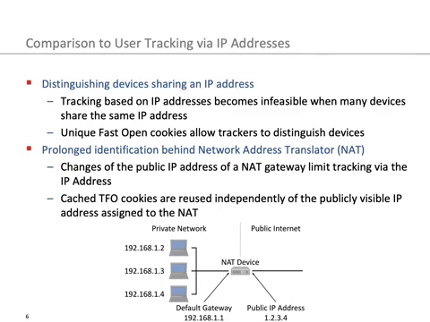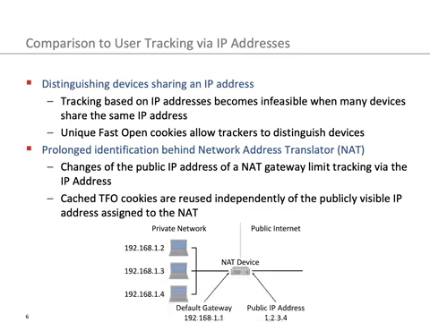In this scenario, the change of the public IP address of a NAT gateway limits the trackability or the tracking period via the IP address mechanism. However, the client device in the private network of the NAT device has a static IP address.